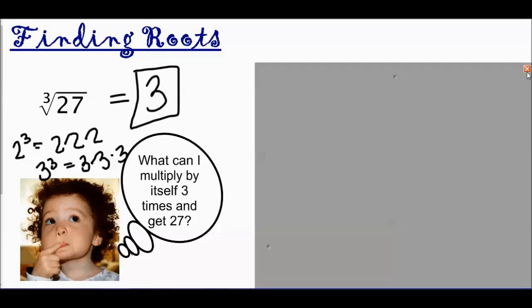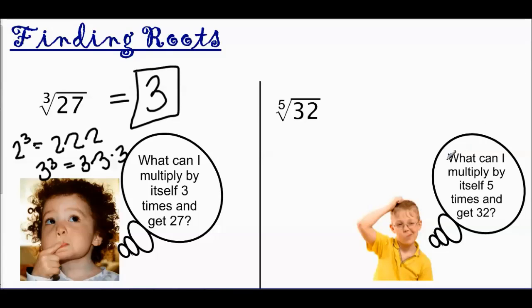Let's look at another one. So here we're looking at the 5th root of 32. What he's thinking is, what can I multiply by itself 5 times and get 32? So let's start with 2, like we did here.